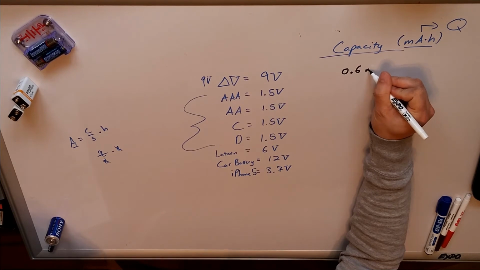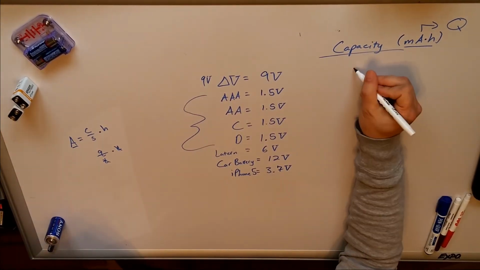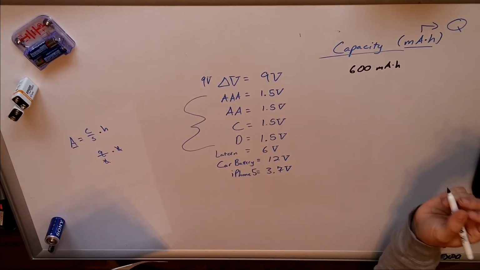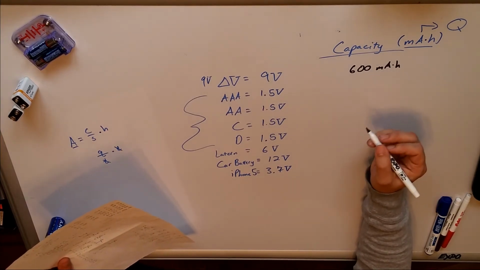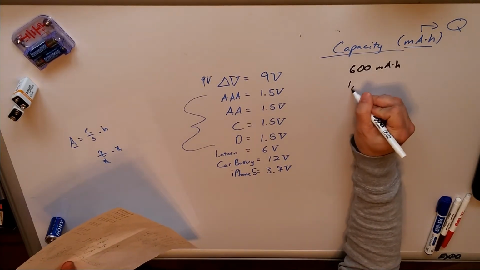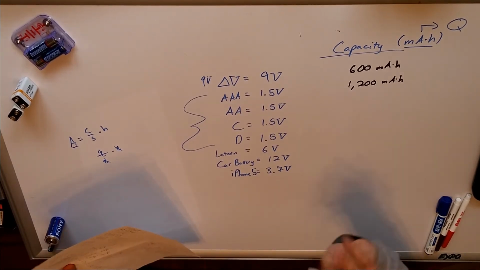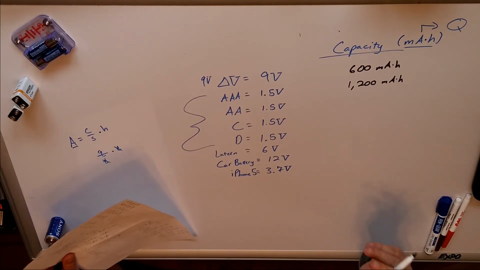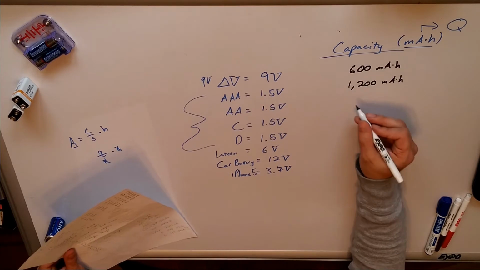For the AAA, for instance, 1,200 milliamp hours. Now, these are rough values, depends on what brand you've got and a couple of other things, but this is a pretty good representation for most of them.